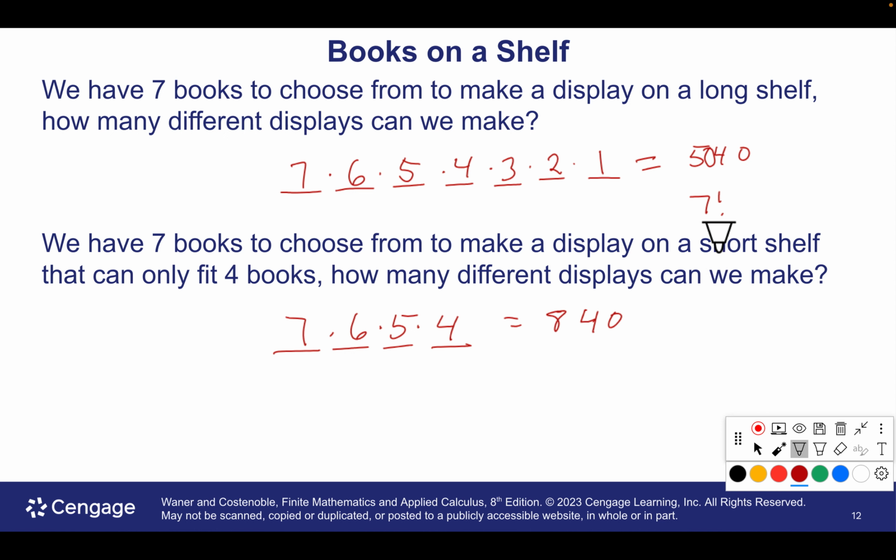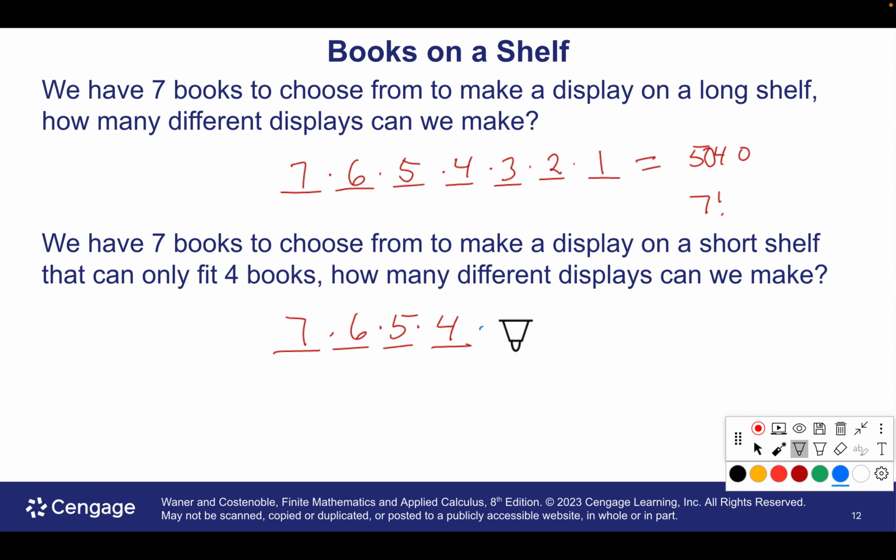There is a formula. Starting with 7 factorial, how do I want to do this? Let me do it this way. Change colors.